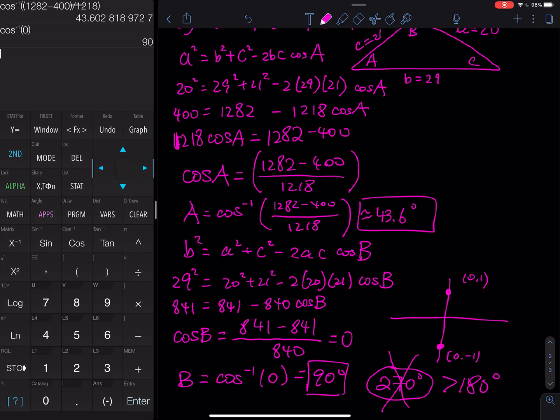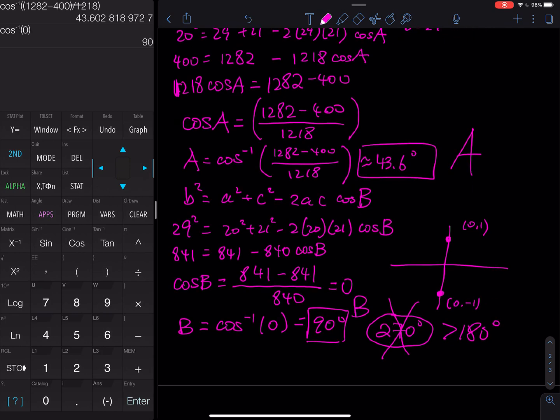So now you have A, you have B. To find C, all you need to do is take 180 minus A minus B. There you go. That is your C. So that is 46.4 degrees. So that's how you find A, B, and C.